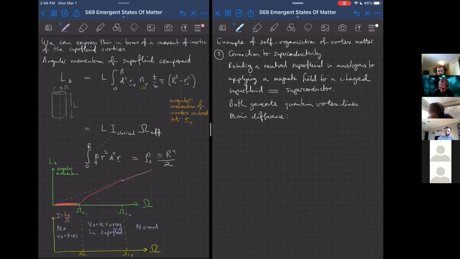What happens is the B field is kind of like the omega field, I should say, in the superfluid, and the magnetic field decays as e to the minus r over lambda away from the vortex core, rather than the velocity going as 1 over r in a superfluid.